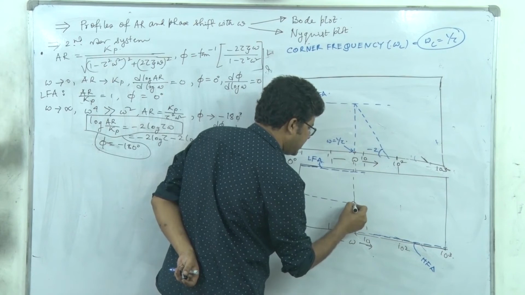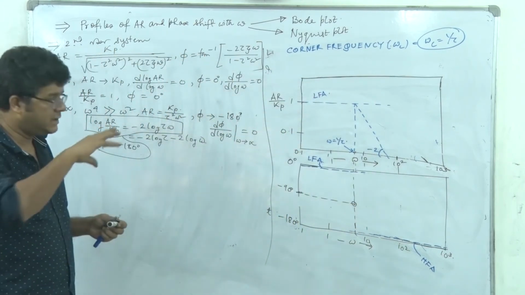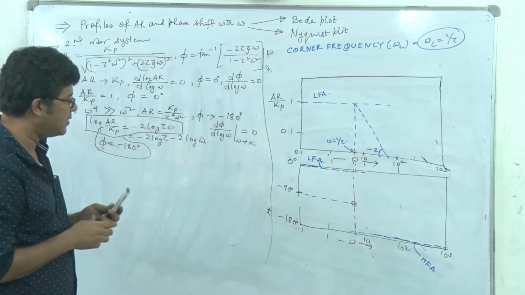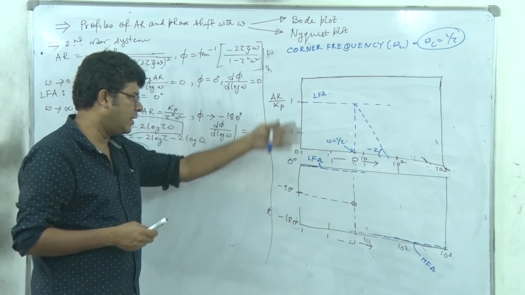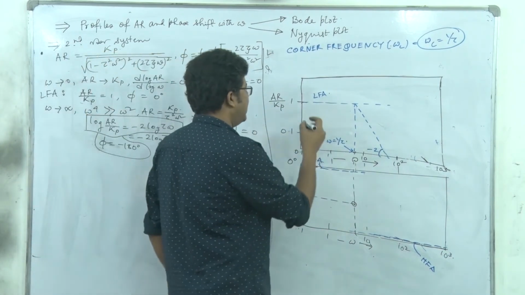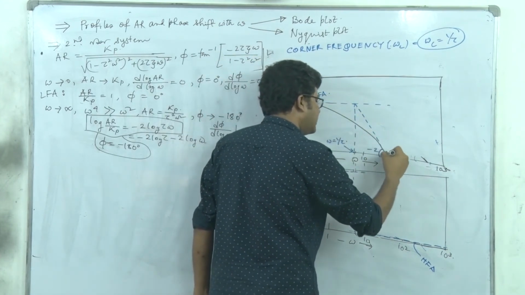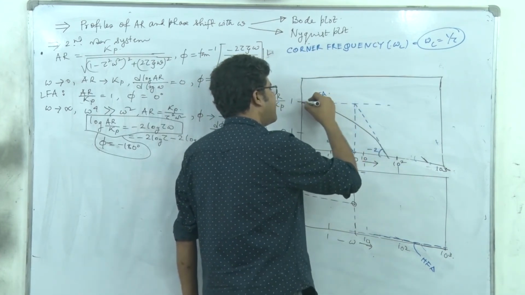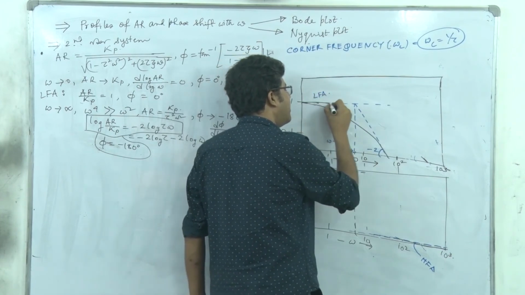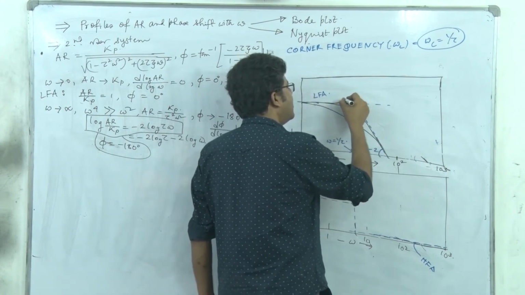Now again, just like that, in the intermediate region of this corner frequency, we will evaluate some of the experimental data points. I am not drawing this plot because here it is a manual plot, right? So finally what will it give you? It may give you a plot like this, or a plot like this, or a plot like this.